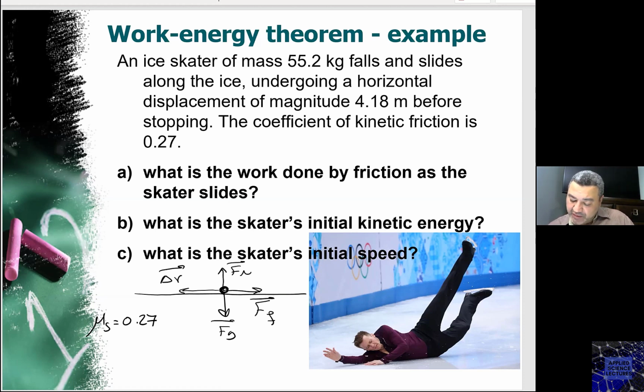So here we calculate the Fn. Fn equals Fg, then Fn is mg, 55.2 kilograms times 9.8.